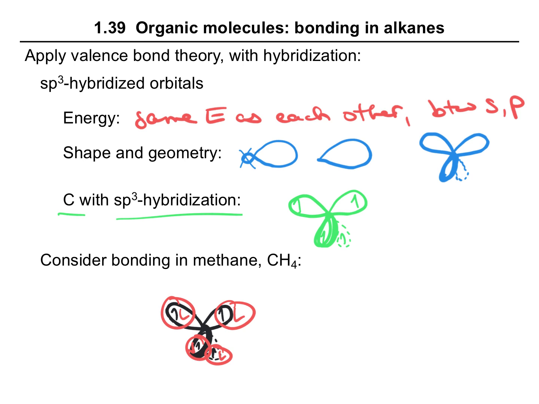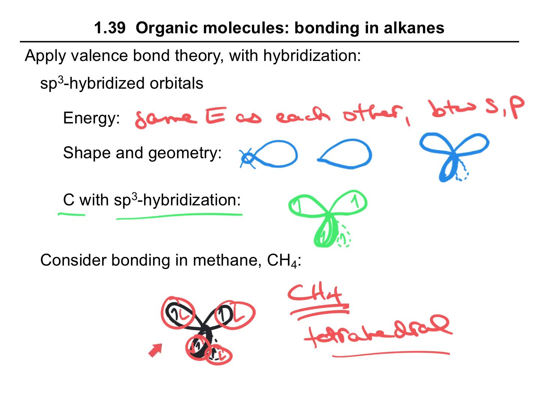In other words, we have CH4, and the carbon-hydrogen bonds take on a tetrahedral arrangement. So when we use valence bond theory, including hybridization, our prediction for methane agrees with experimental evidence.